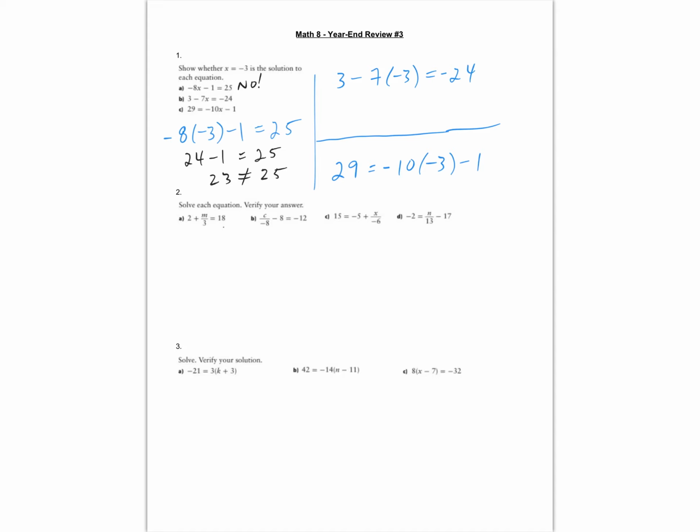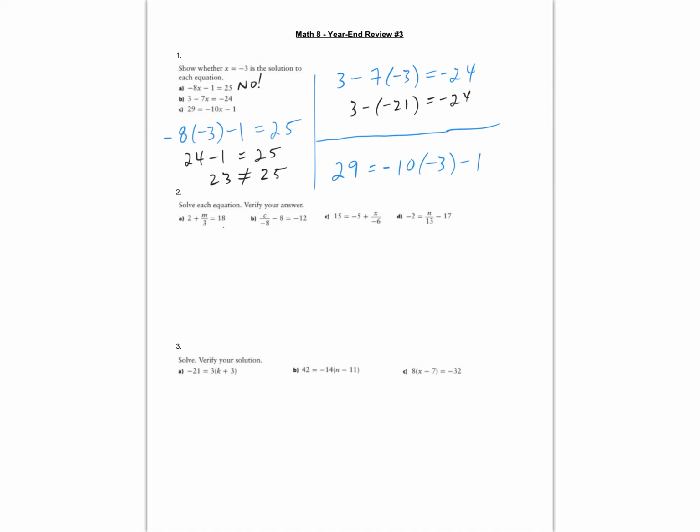Next one. 3 minus 7 times -3 equals -24. Okay, so what we're going to do is 7 times -3. Okay, so we have 3 minus. Now, 7 times -3 is 21, but it's negative because the signs are different. Okay, so this is going to be -21 equals -24.